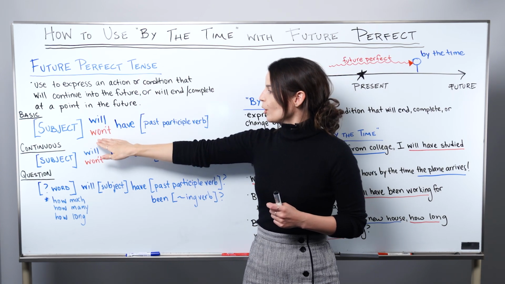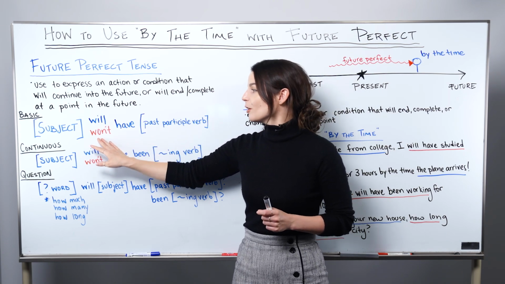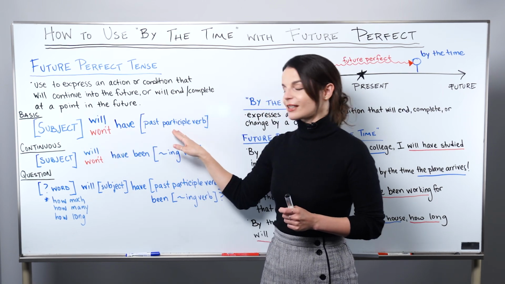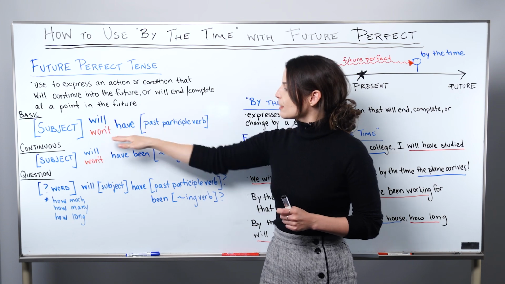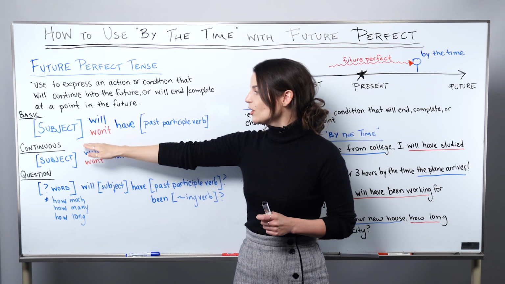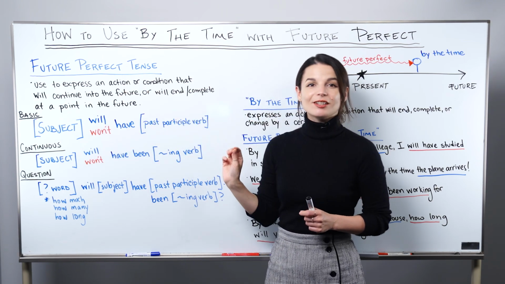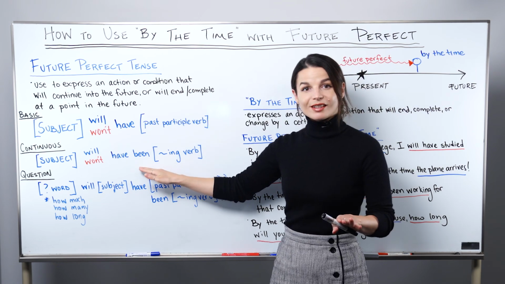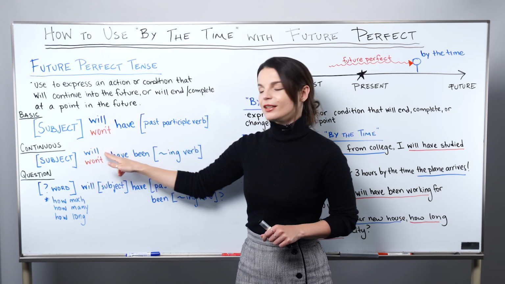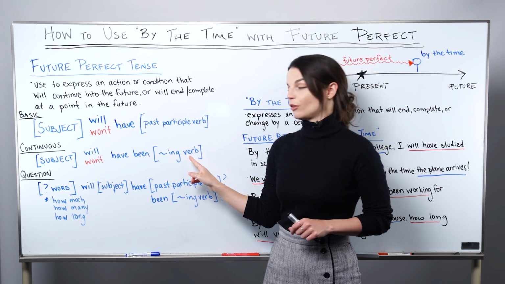When we use won't, we create a negative future perfect tense sentence. So, she won't have eaten, or he won't have slept. So we use this as the base for our future perfect sentence. To mark a continuing action, however, so a future action continuing into the future, we can do that with this sentence structure. We use subject plus will, have, and then been plus the ing form of the verb.